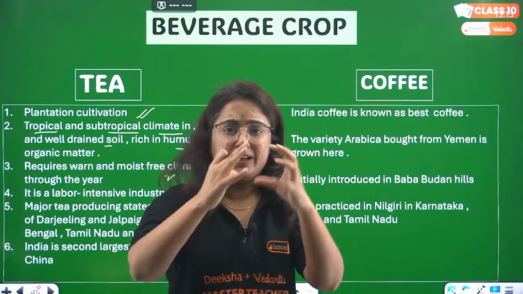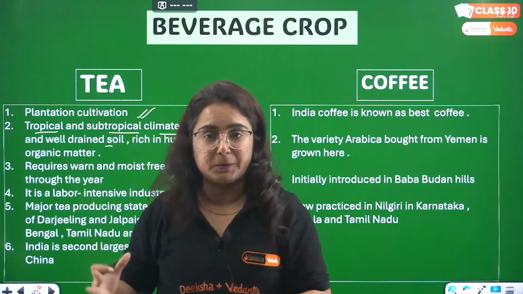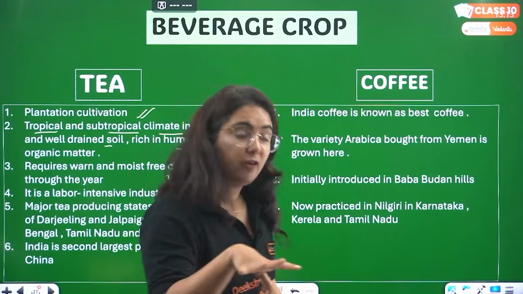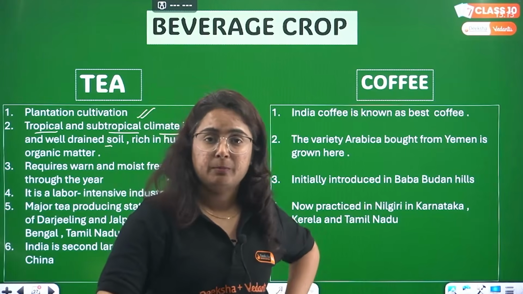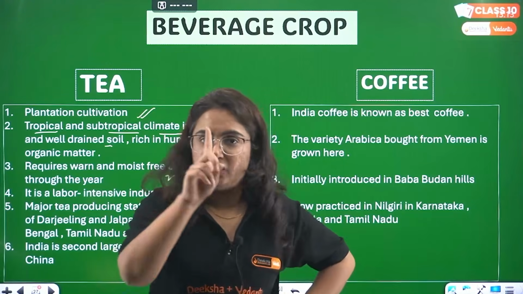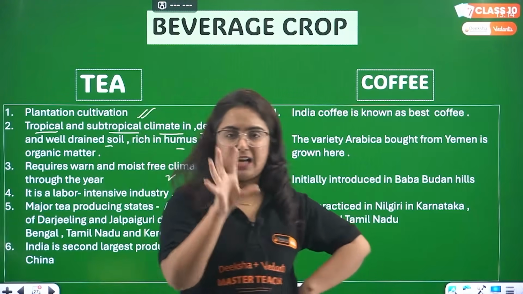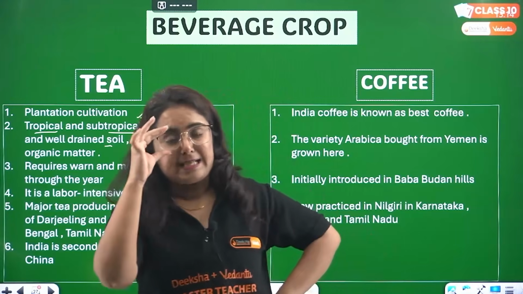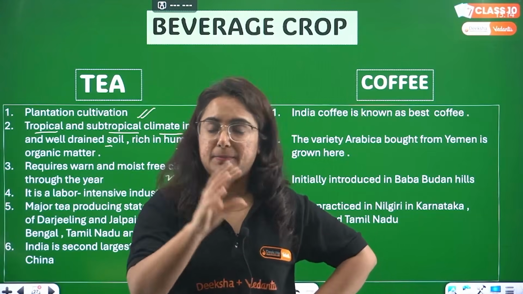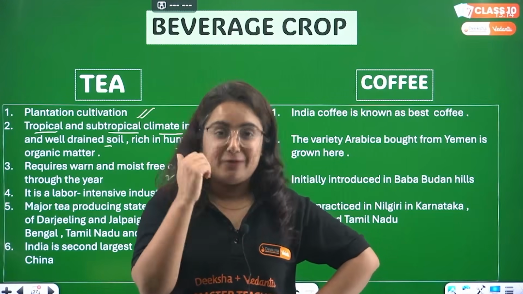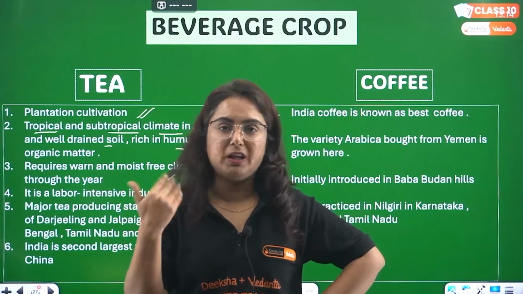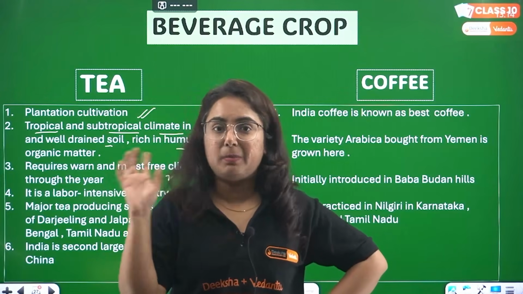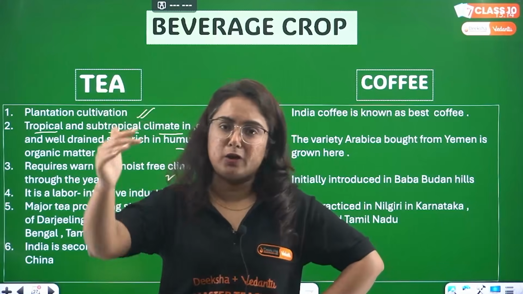It's plucking, drying, and a lot more. You know that even during the time of Britishers, why were Britishers doing plantation cultivation of tea in India? China was the first country which actually grew tea. A British official found the type of crop grown in India which can also be used as tea, and then figured out that Indian climate is very fit for growing tea.